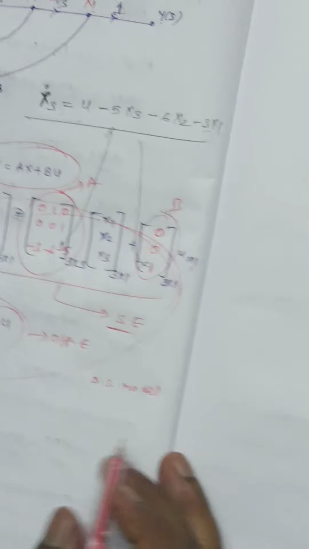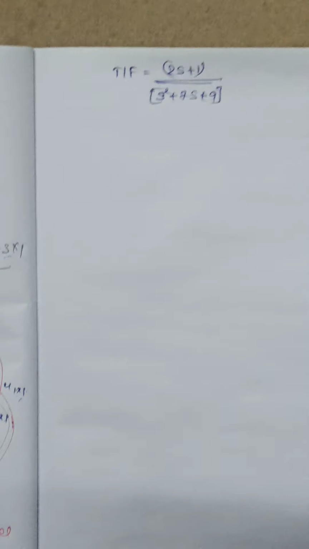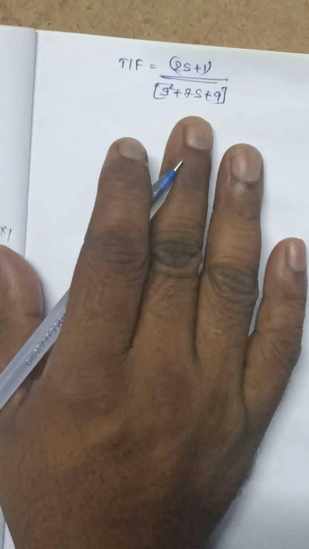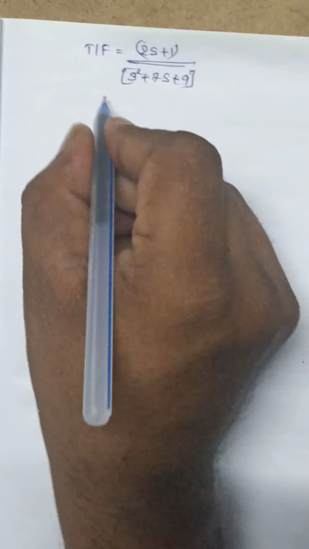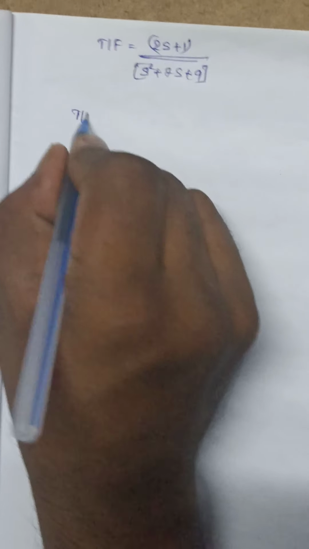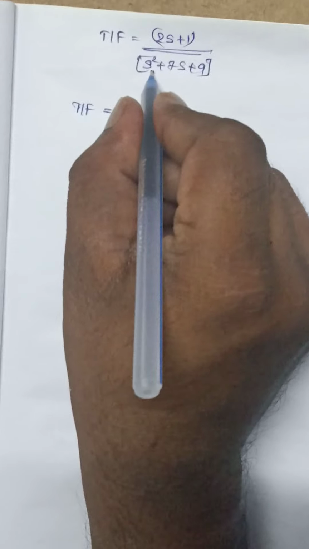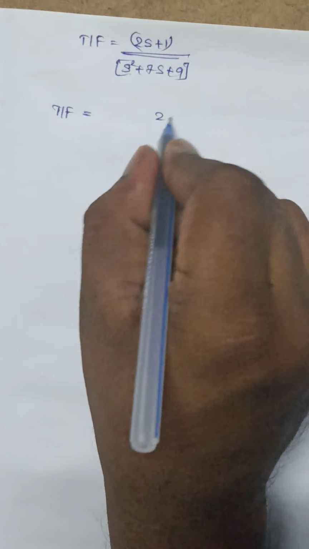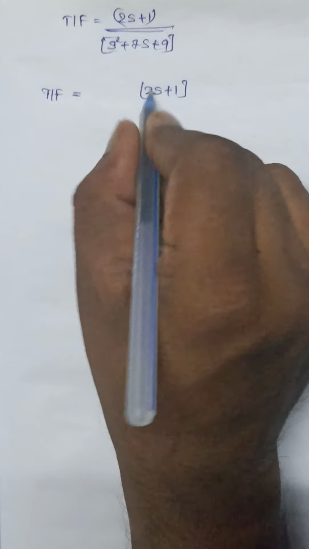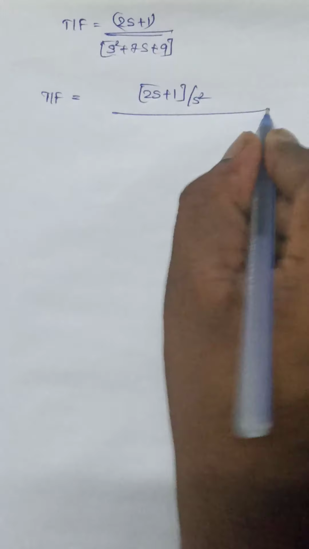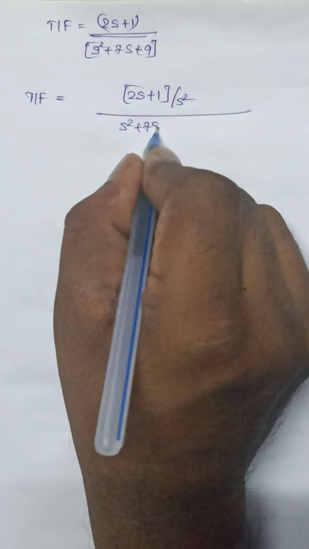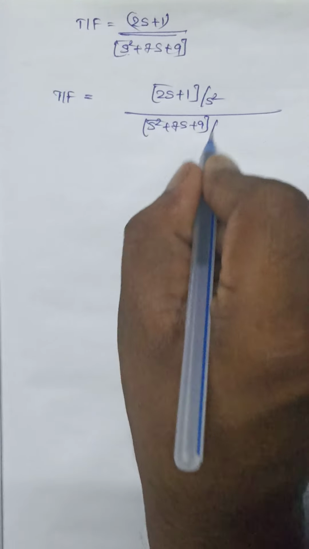Next, suppose he has given the transfer function and I need to form the signal flow graph for this using the state space model. How to form it? You see here, this is a transfer function. You take the highest term in the denominator, s square, and divide with that: 2s plus 1 divided by s square, over s square plus 7s plus 9 divided by s square.